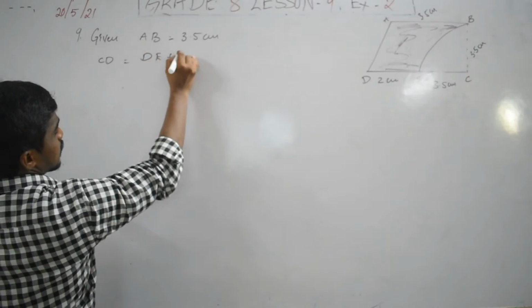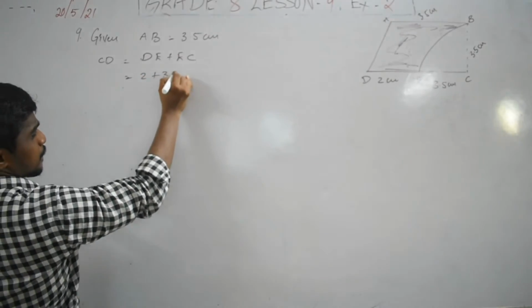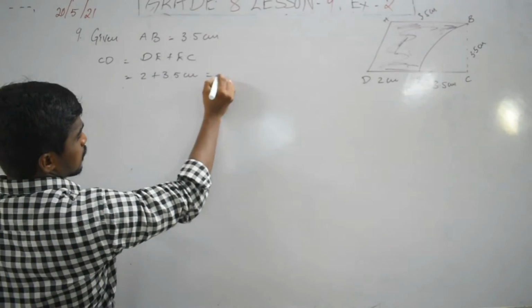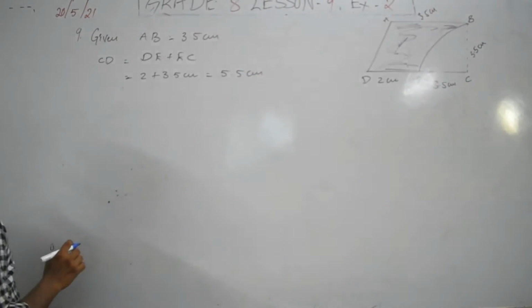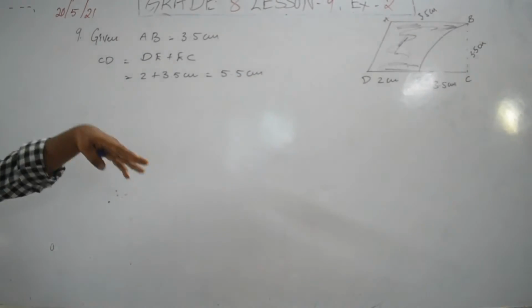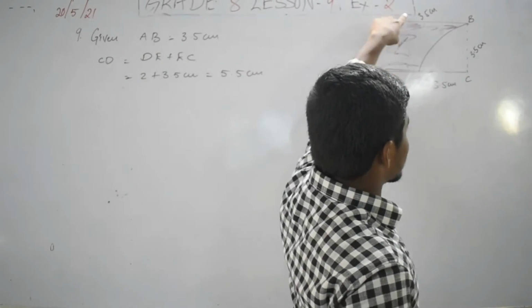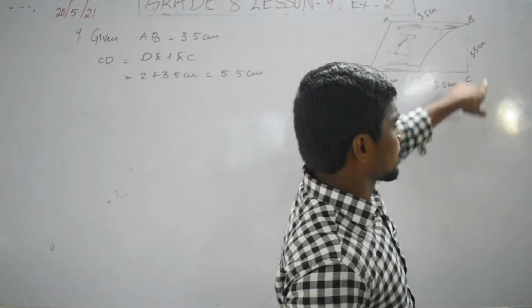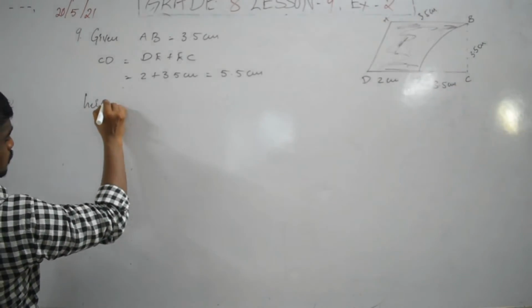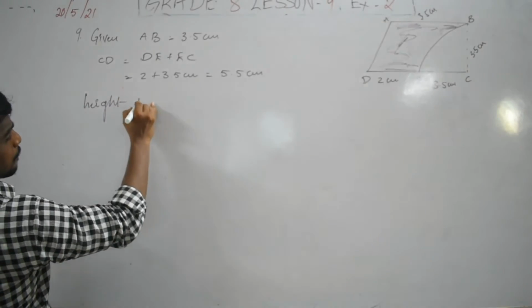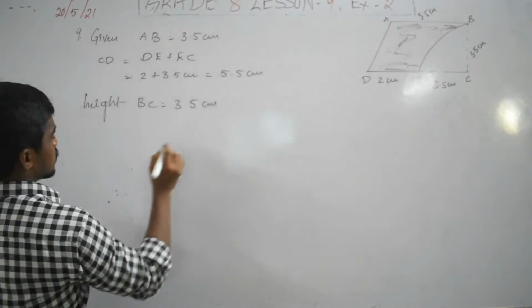DE 2 plus EC 3.5 centimeters is 5.5 centimeters. So we find the parallel side lengths. After that, the height BC is 3.5 centimeters.